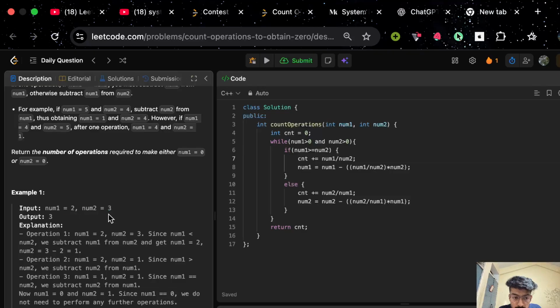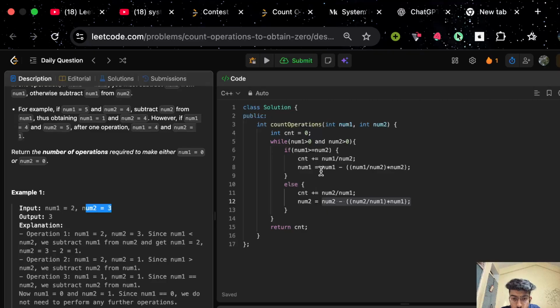In this case, my num2 is greater than num1. So num2 is greater than num1 means I am doing this, 3 divided by 2. This will give us 1, meaning I can subtract num1 from num2 only one time. So that's why I'm adding 1 to my count, and here I'm subtracting as many times as I can subtract num1 from num2, such that the number is greater than or equal to 0.